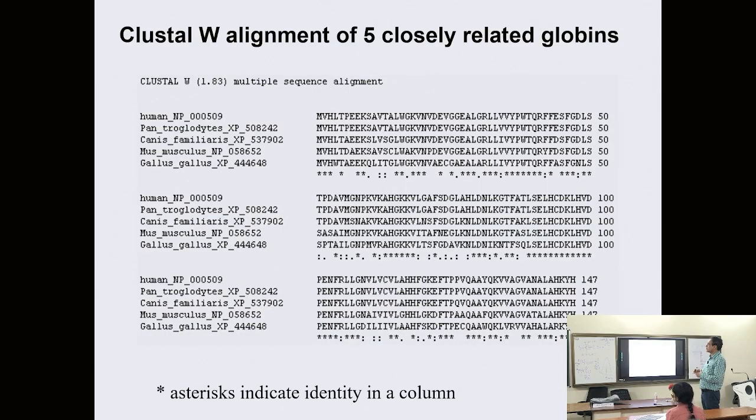And here is an example of 5 closely related globins, and you can see very good conservation. There are many positions with complete conservation and I don't see any gaps. These are beta globins from human, chimpanzee, dog, mouse and chicken. Okay, highly conserved, you can see this.